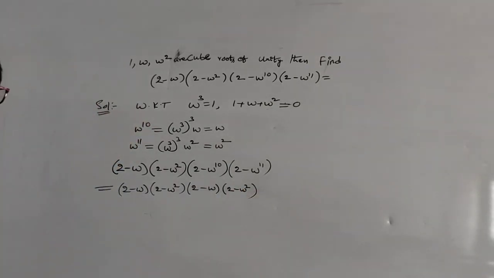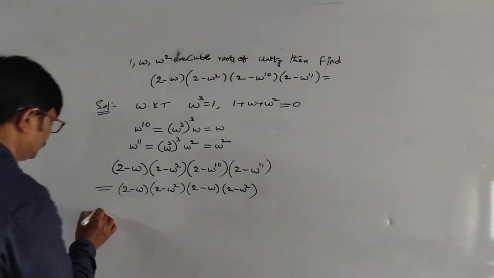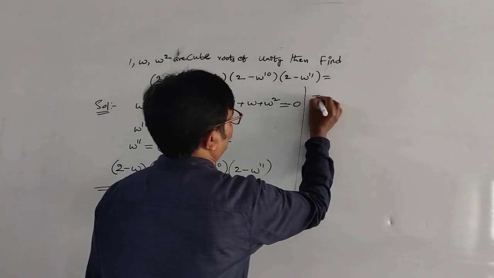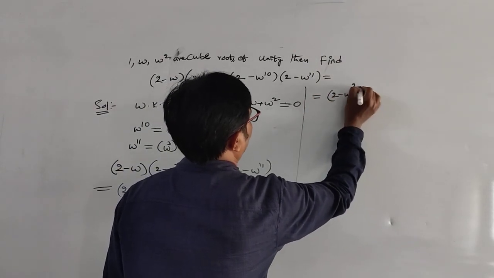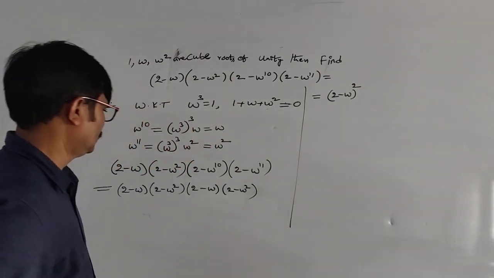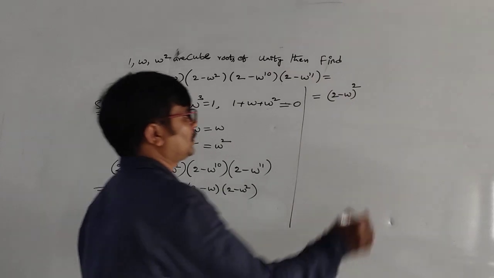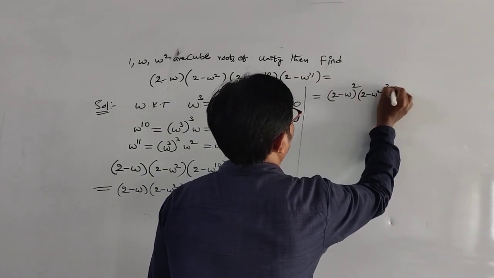Now this is 2 minus omega into 2 minus omega square into 2 minus omega into 2 minus omega square, which is 2 minus omega square whole square.